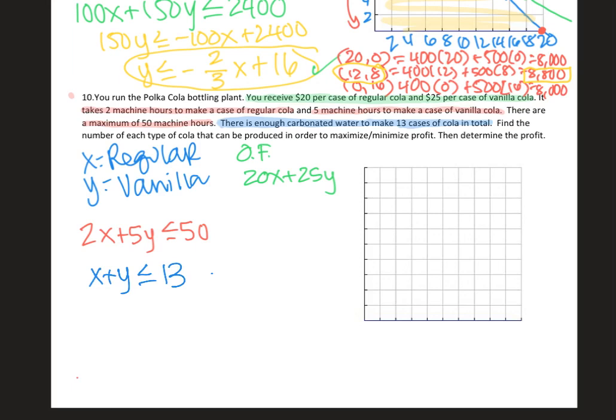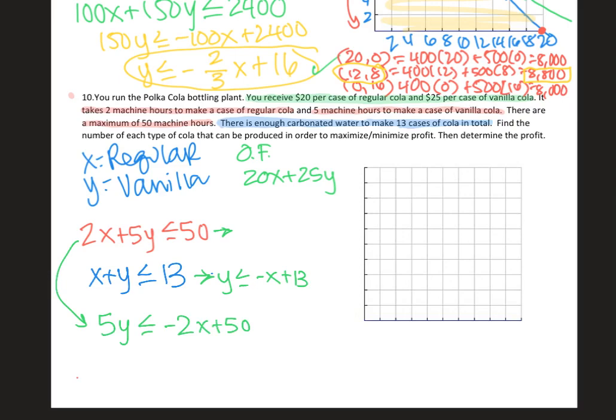Okay, so I'm done. Now I have to change my inequalities around. This one's easy. This one's going to be y is less than or equal to negative x plus 13. This one, I'm going to have to do a little bit. So let's go down here and do some work. So 5y has to be less than or equal to negative 2x plus 50.